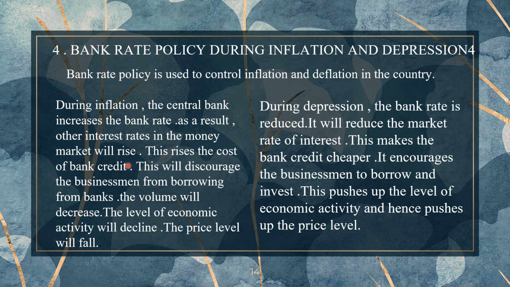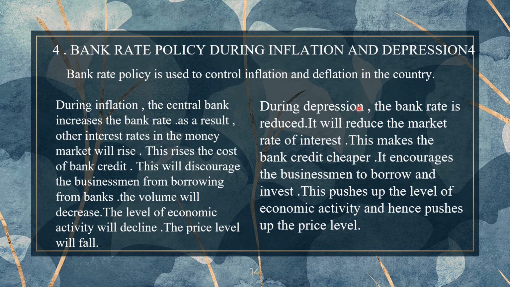This raises the cost of bank credit. The credit will be available at an expensive rate. This will discourage businessmen from borrowing from banks. So the volume of money in the country will decrease. The level of economic activity will decline because businessmen will be discouraged from investing, and the price level will fall. So we combat inflation, right?